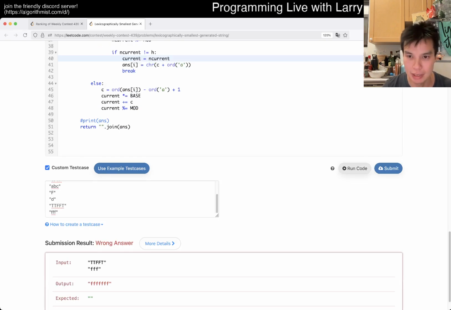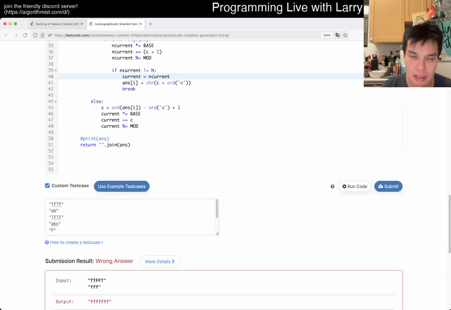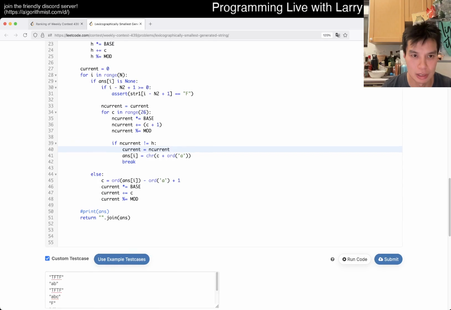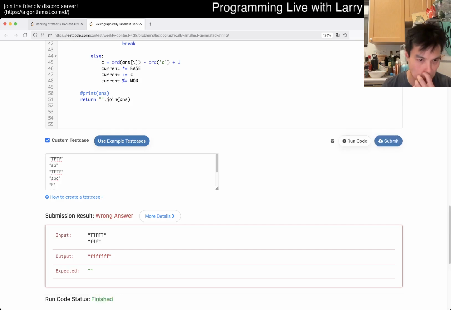Oh man, silly mistake. Still wrong answer, but that's at least, I knew that I had to do this. So we break. We break out this. No, this is right. Okay, so I mean, I thought that would.